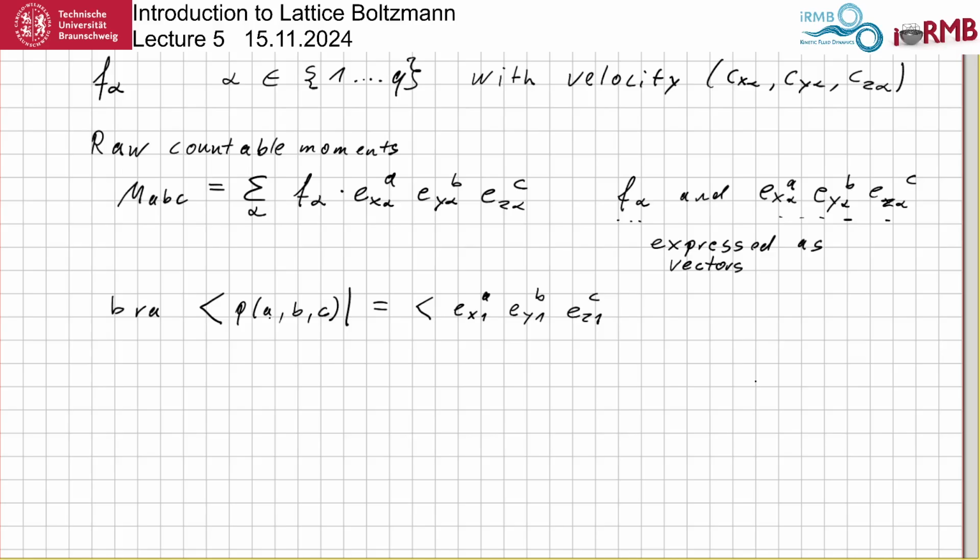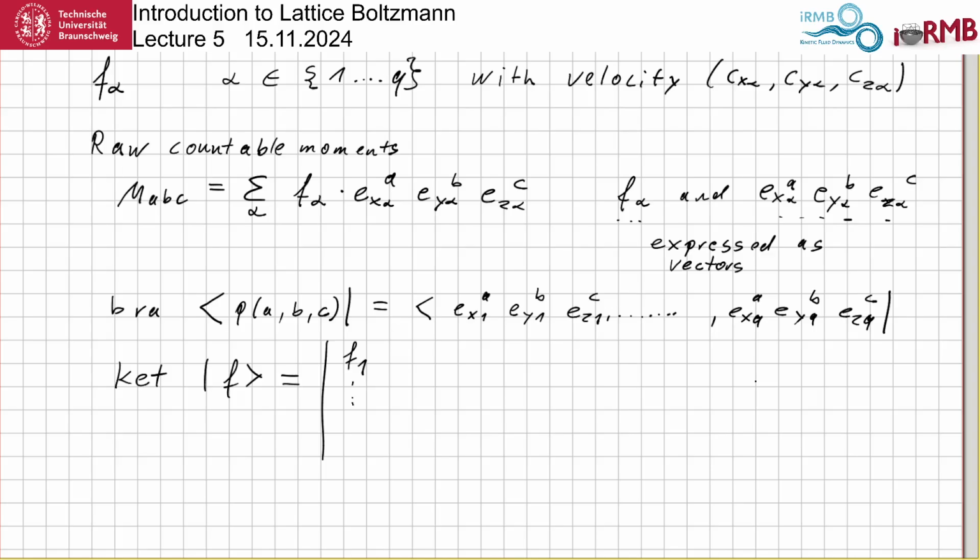So here the parameters a, b, c, right? And this goes on until c x q to the power of a, c y q to the power of b, c z q to the power of c. So this is in this bra, and then we put the populations in a ket vector, and a ket is a column.